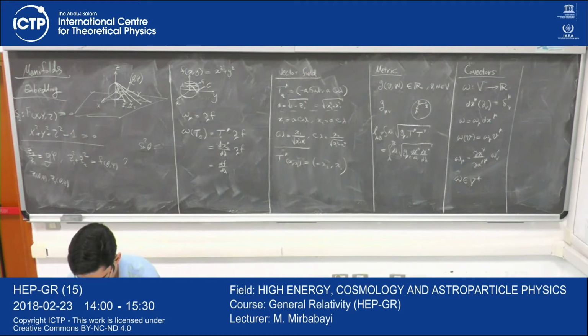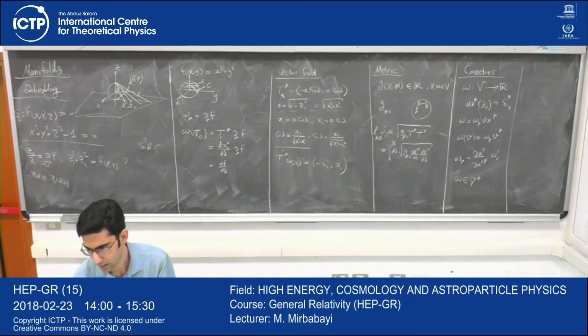So I take one particular point, and I draw a line that connects that point to the North Pole. Then I continue it until it hits the 2D surface. So the coordinate of this point will be the coordinate of that point that the line hits on the surface.